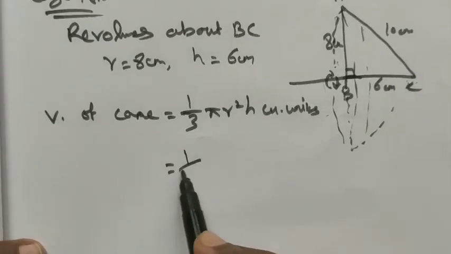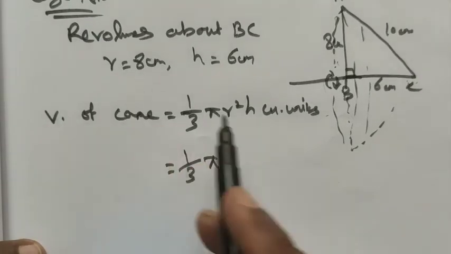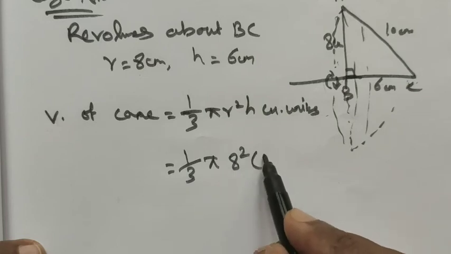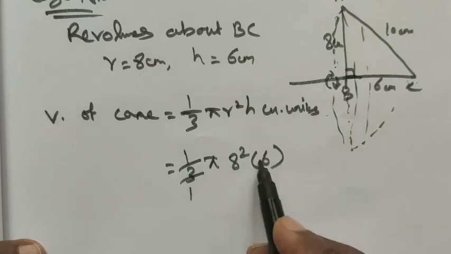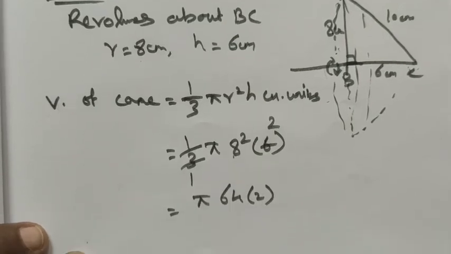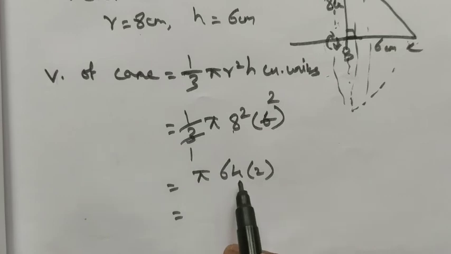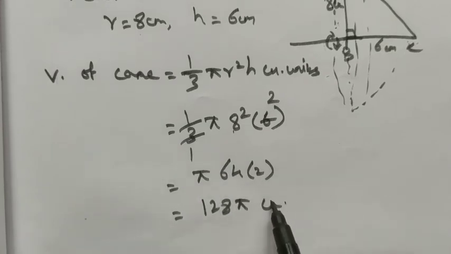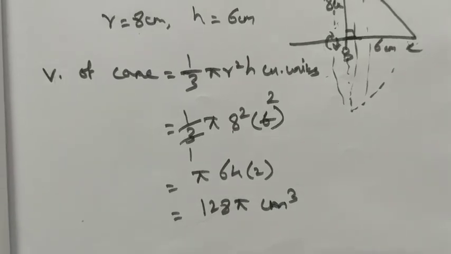Now 1 by 3 pi, r is 8 square and h is 6. 3 ones are 3, 2 sixes are 12. Pi, 8 eights are 64 into 2, which is 128 pi cubic centimeter.